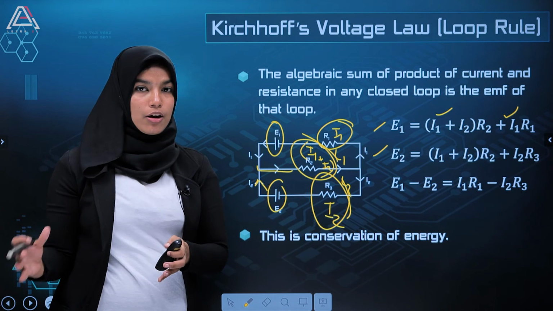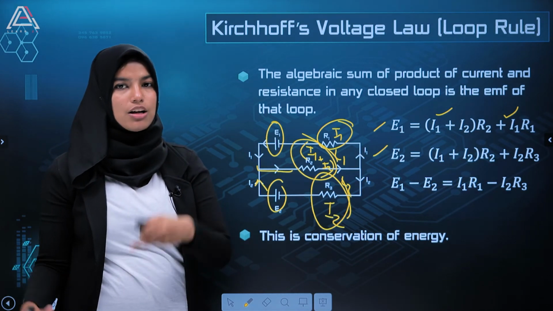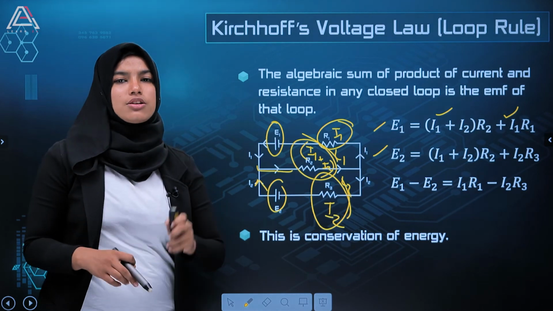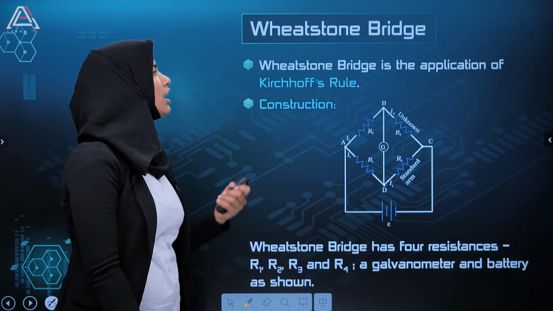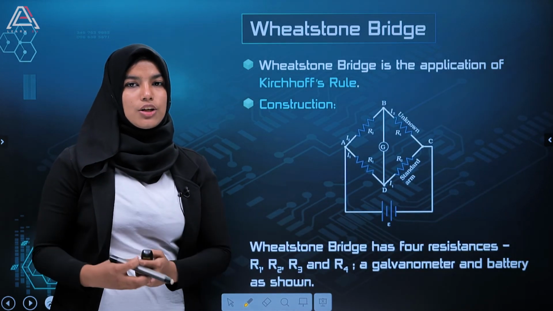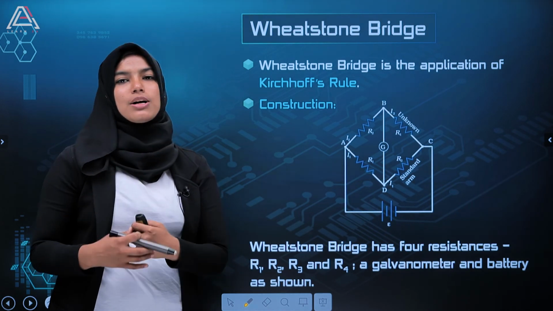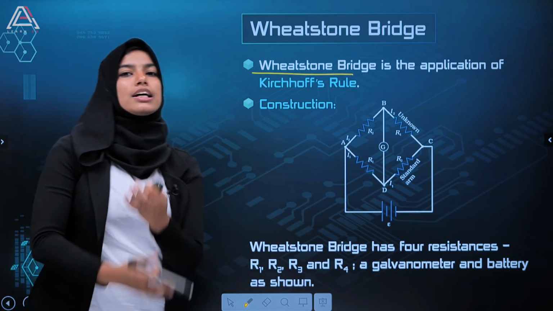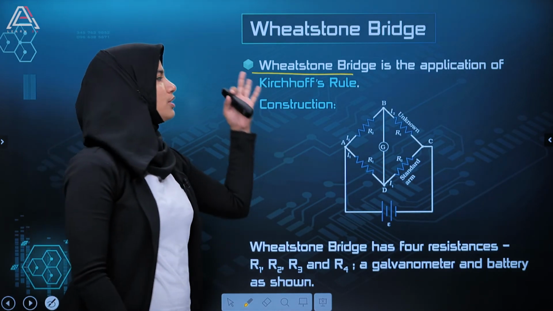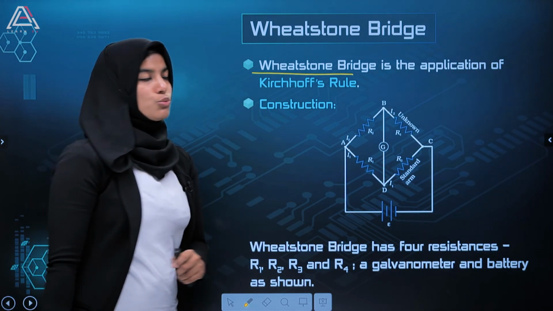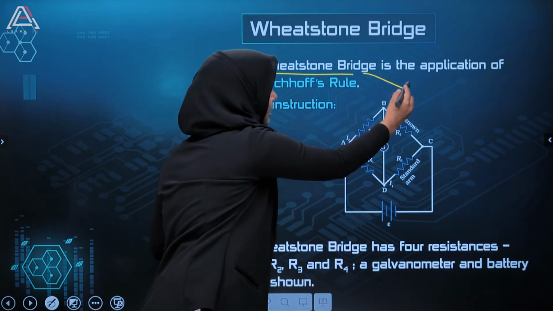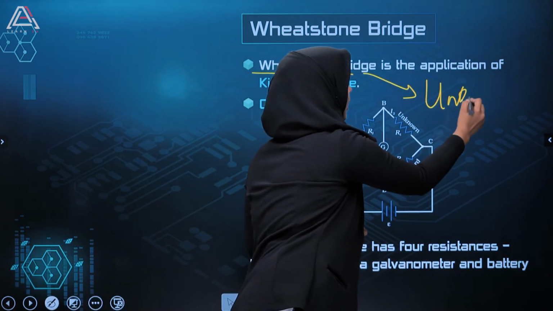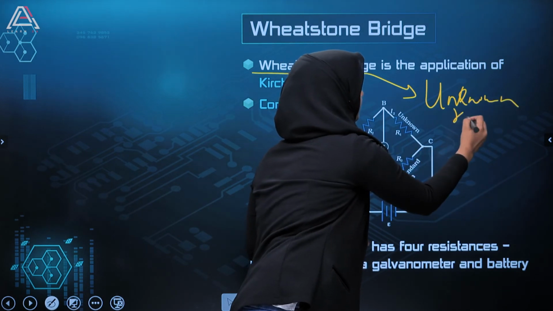So I hope you understood what Kirchhoff's current law and Kirchhoff's voltage law are. Based on these Kirchhoff's rules, we can apply them to another circuit, and an example of applying Kirchhoff's rules is the Wheatstone bridge. The Wheatstone bridge is mainly used to determine an unknown resistance.